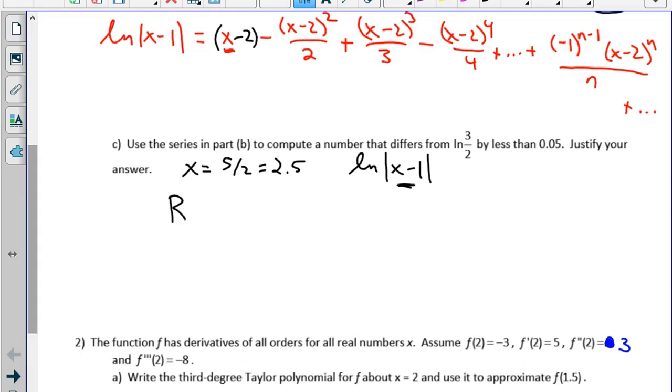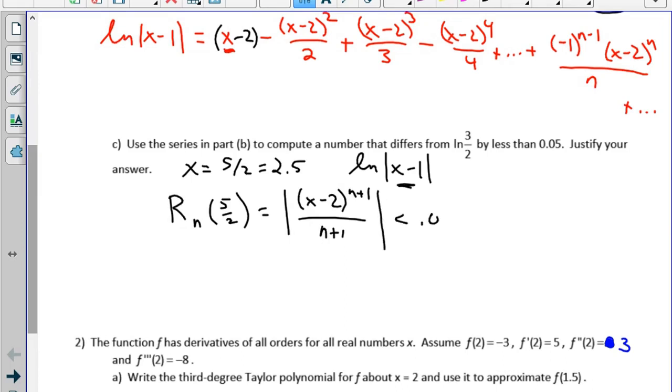So that means I want the remainder, when I substitute in 5/2, to be x minus 2 to the n plus 1 over n plus 1, which is going to be less than 0.05. So I want this less than or equal to here for the remainder.